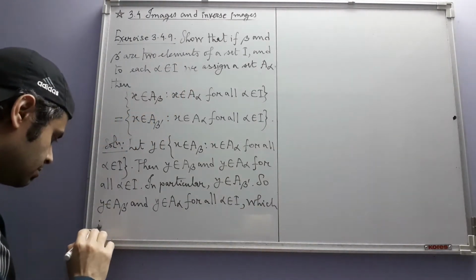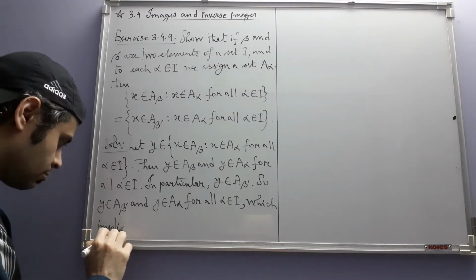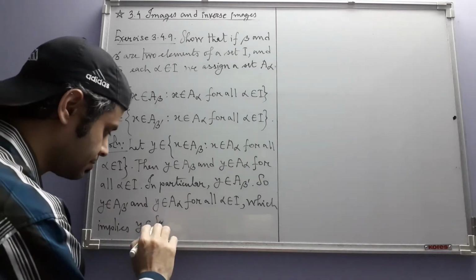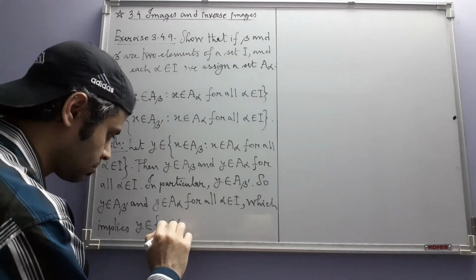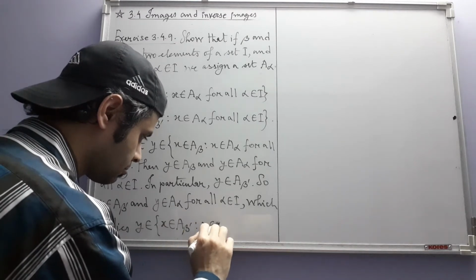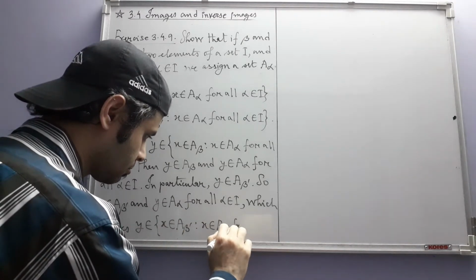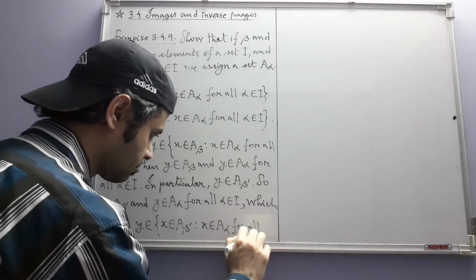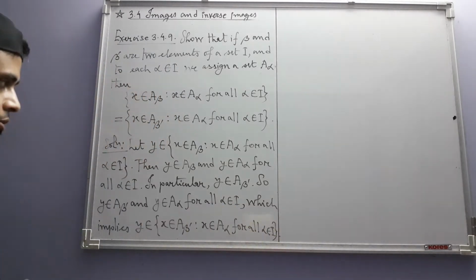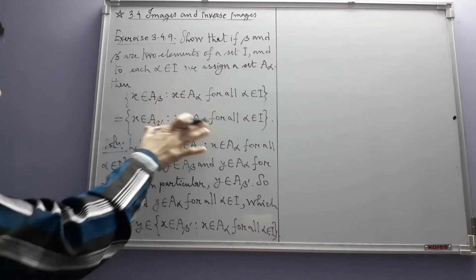Which implies y belongs to this set for all alpha belonging to I. That means the first set is a subset of the second set.